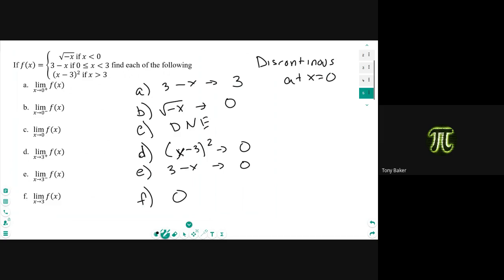Is it discontinuous at 3? There will be a couple questions on there that ask that.